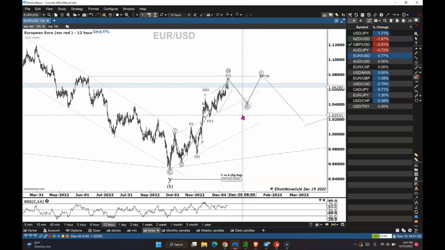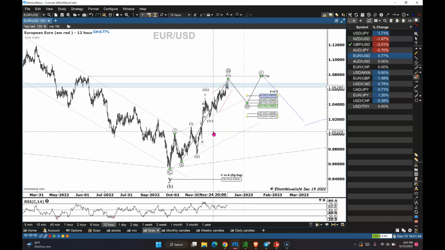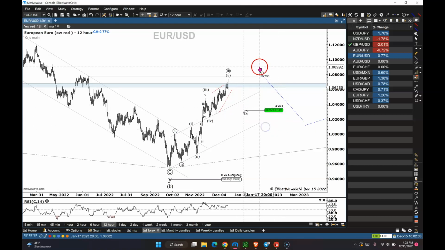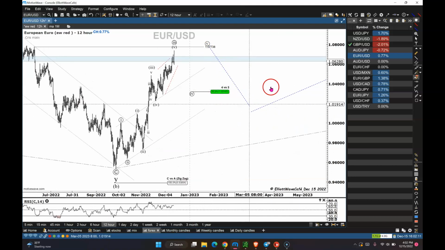We could be getting that. Let's see. If I'm looking at this degree, I can do a 4v3. So ideally you would come back. You see how nicely they align, 38.2% with the 4th wave from the previous sell-off, and that would be a decent target for a 4th wave, maybe followed by a 5th, and then we'll see from there.